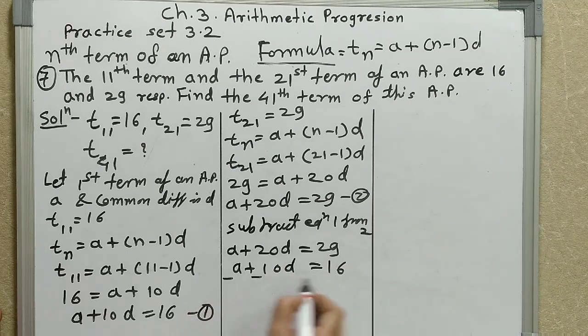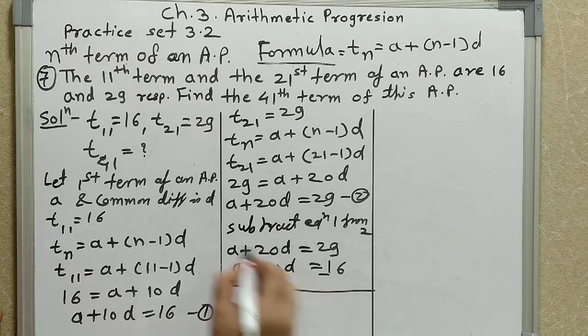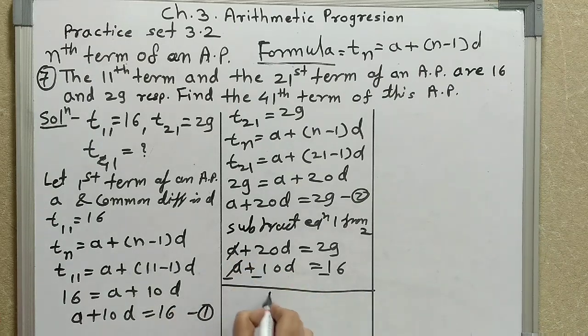Subtract, change the sign: minus minus becomes plus. A cancels. 20D minus 10D is 10D, and 29 minus 16 is 13. So 10D is equal to 13, so D is 13 divided by 10, which is 1.3. So the value of D becomes 1.3.